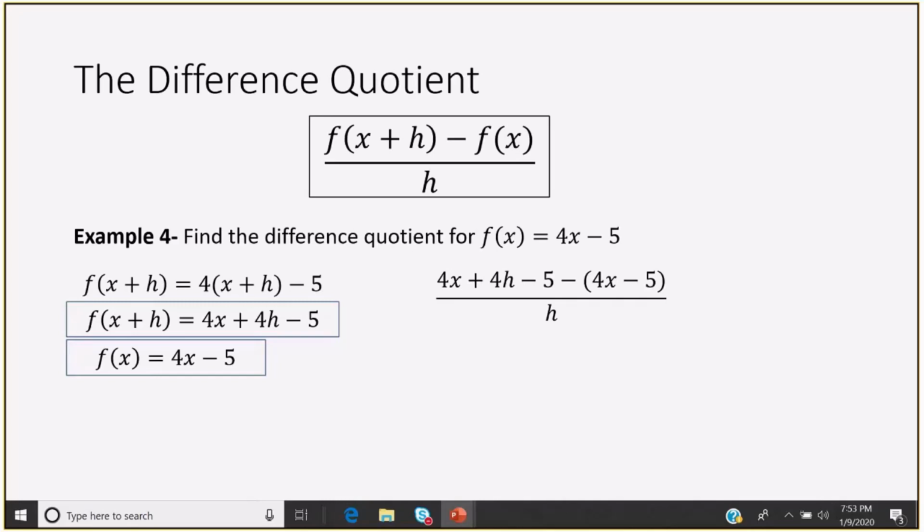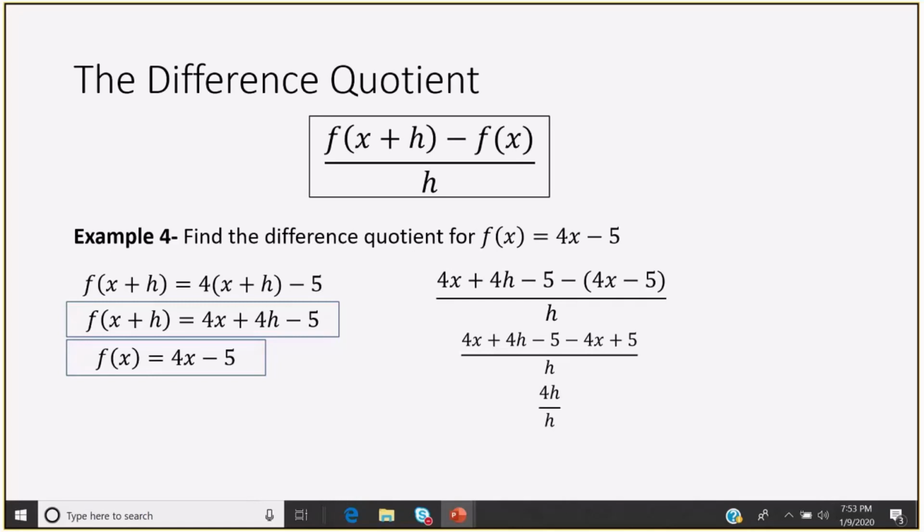And so we want to make sure that we distribute that negative sign to both things inside my function. So I'm going to do that. All that does is it becomes a minus 4x and then a plus 5. And now I simplify as far as possible. So my 4x's will cancel out, my 5's will cancel out.